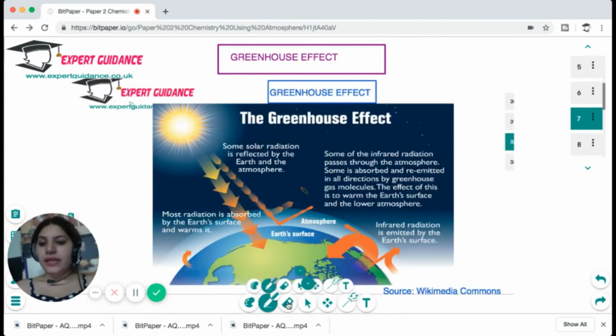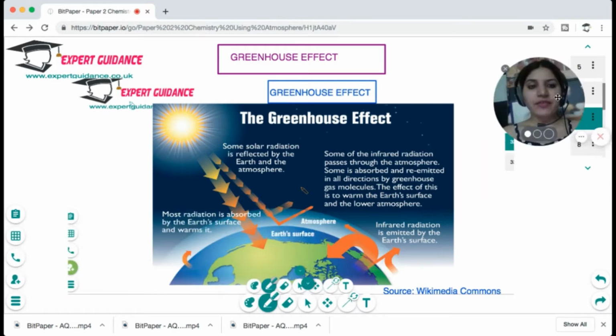Now, the important thing that is very hyped these days is the greenhouse effect. What is the greenhouse effect? We have already covered it in ecology and in a few biology topics.